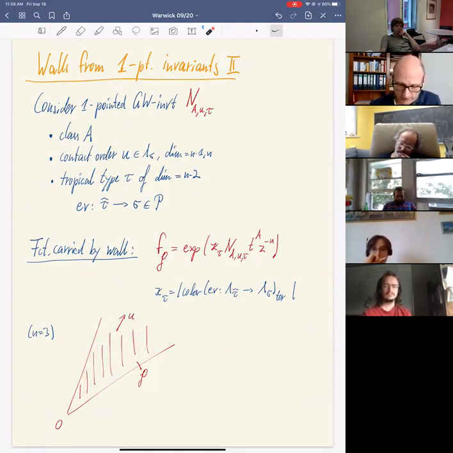Now, how do we, so that's just tropical geometry. It doesn't have any invariance. So let me record also these one pointed or one punctured Gromov-Witten invariants. We denote them N_{A,U,tau}. And we write down this function, the formal power series. Maybe you want to cut at some power of t.